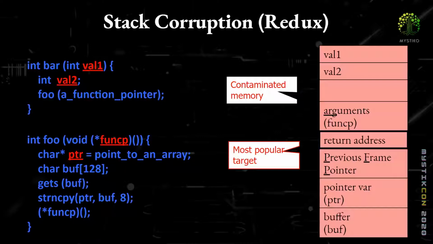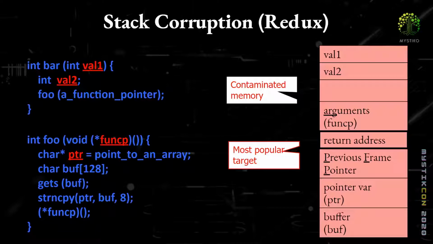If we look at the stack, after the function call has occurred, value1 and value2 are the arguments to the function, and then we have the funcp argument, the return address from where foo has been called, the previous frame pointer, that is from where foo has been called, and the ptr variable and the buffer.